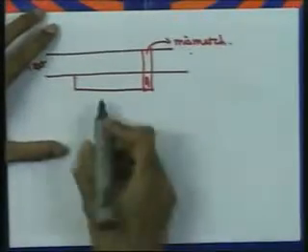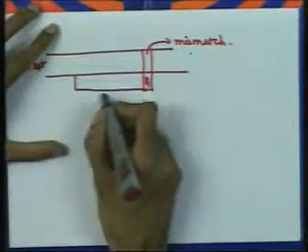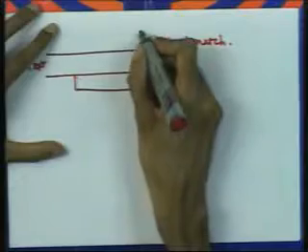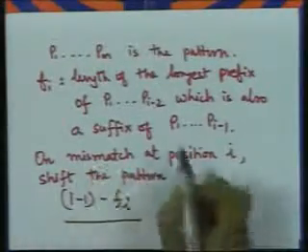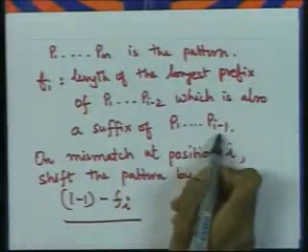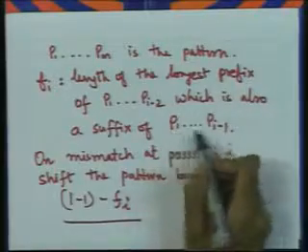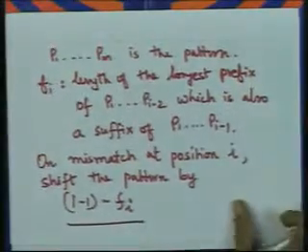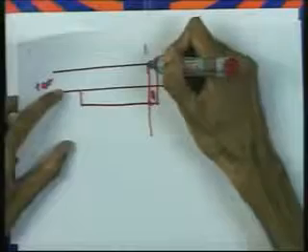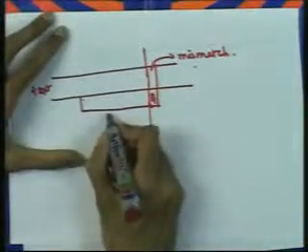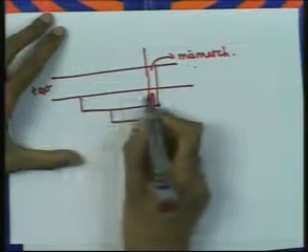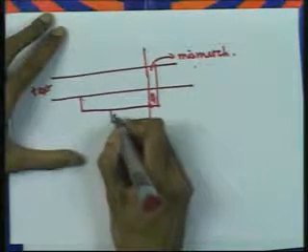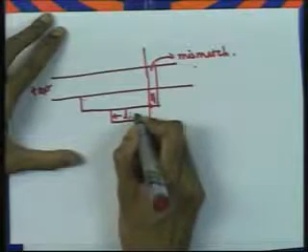So this is the string that I am considering now. I am only looking at P1 through Pi minus 1. The mismatch is at I, but I am looking at P1 through Pi minus 1. This is the string I am looking at, and I know the longest prefix of the same string which is also a suffix has length Fi.